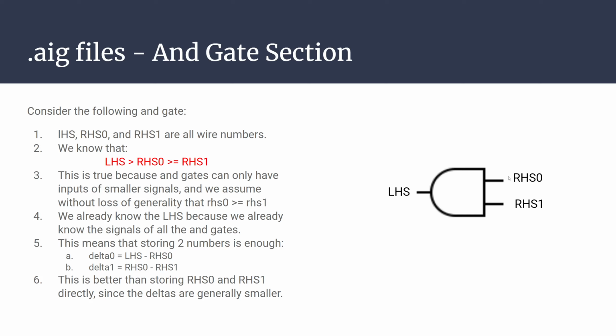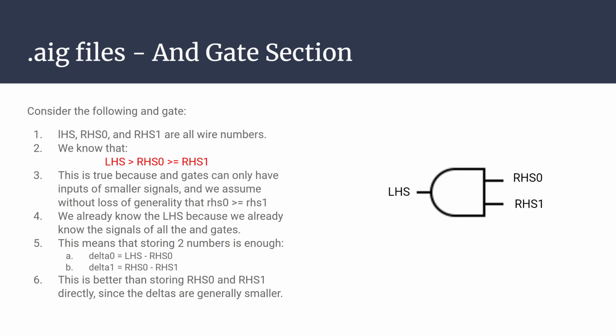Anyways, look at the following AND gate. We know that both right-hand sides should be less than the left-hand side, not even equal, just strictly less, because otherwise we can't guarantee that there is no cycle, and in legal circuits there is no cycle in AND gates. So this is something that a legal AIG file should always adhere to.